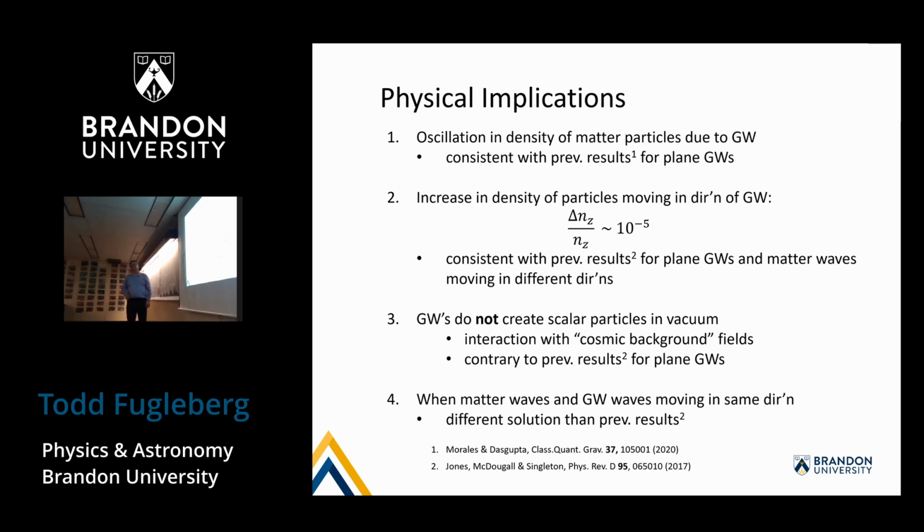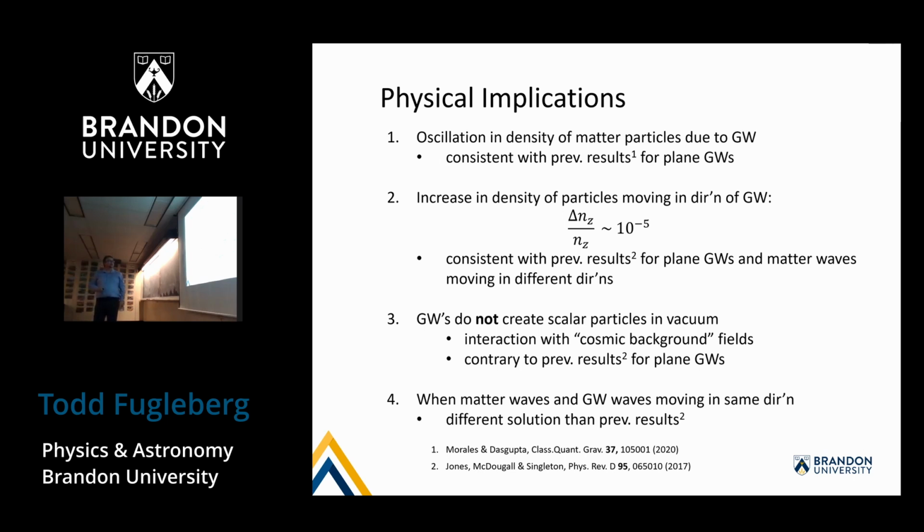It's a small effect, but it's something that could be observable. And that is also consistent with previous results from a different set of authors who did things differently than those authors, as long as the gravitational waves and the particle waves are moving in different directions.